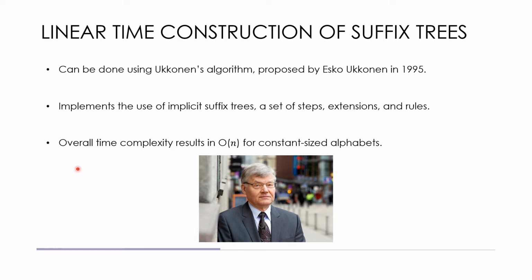This algorithm uses implicit suffix trees and a set of steps, extensions, that we're going to be making to a tree. These extensions have to be followed by a set of rules that we're going to talk about in a minute. The overall time complexity for this algorithm is linear, O of n, for a constant sized alphabet.